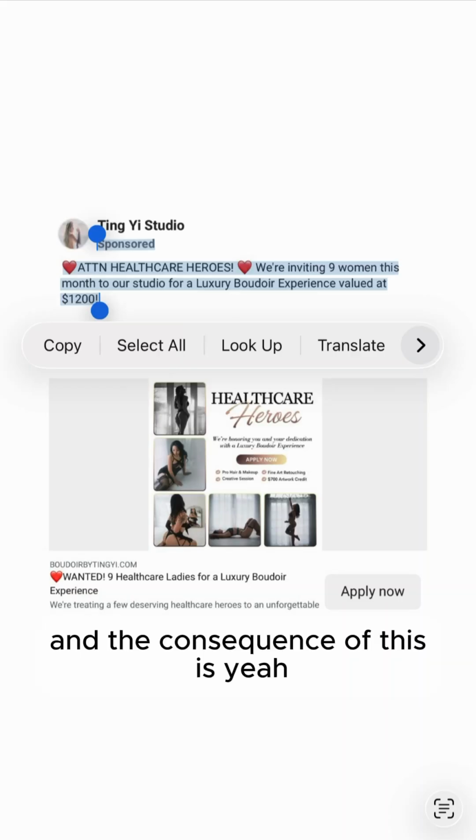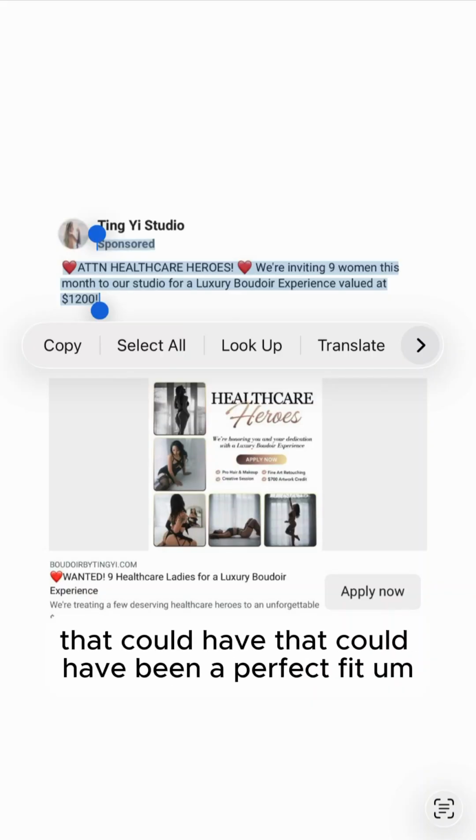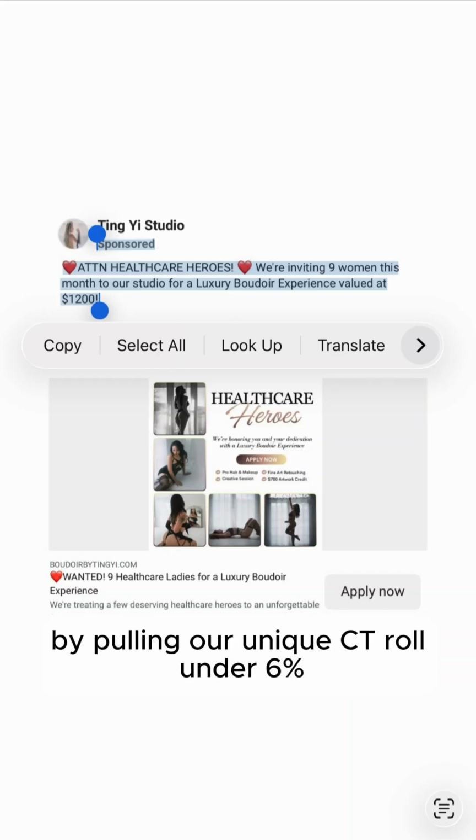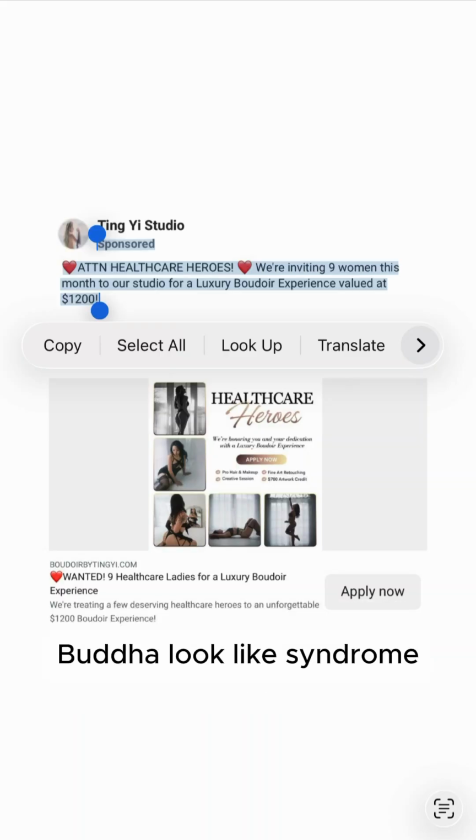And the consequence of this is way more women gonna be scrolling by than necessary, women that could have been a perfect fit. But they're scrolling right on by, pulling our unique CTR under 6% and increasing the probability that we have BLCS, boudoir low click syndrome.